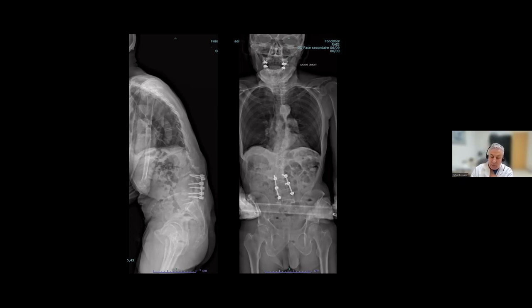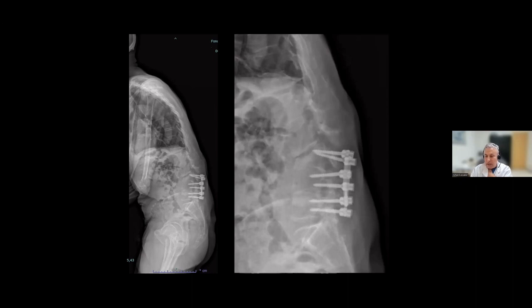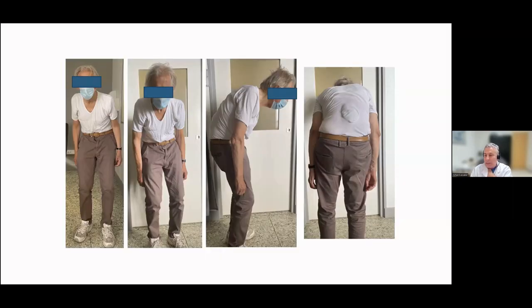And the mistakes were doing a full laminectomy, doing a short fixation with a flat hypolordotic fixation, and ending up in a disaster. And this is how it looks. And this is how the patient looks, with the complete bascule of his trunk anteriorly. This patient is an artist. He's a German guy working in Paris. And look how miserable he looks.